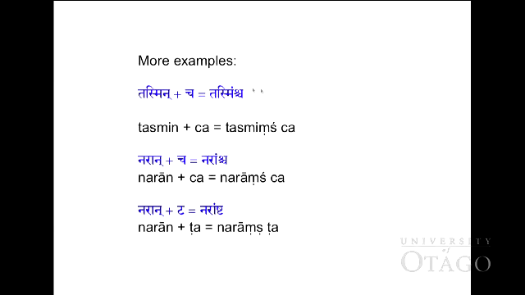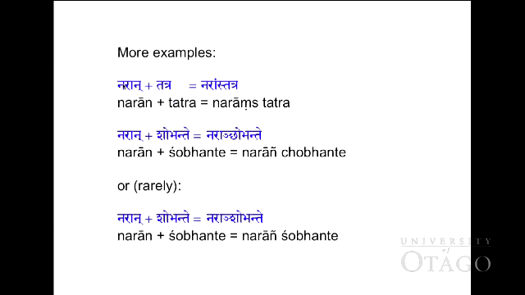Now let's see more examples. Tasmin ca will be tasmiṁś ca. Narān ca will be narāṁś ca. Nalān ca will be nalāṁś ca. Nalān tatra will be nalāṁs tatra. Nalān śobhante, so it will be nalāñ śobhante, or nalāñ chobhante.